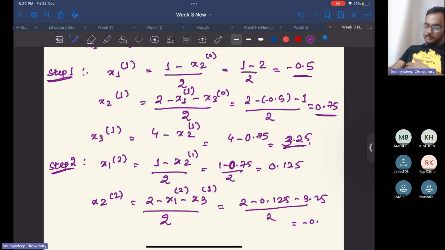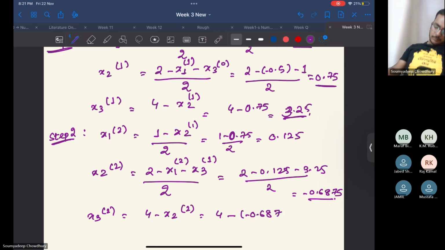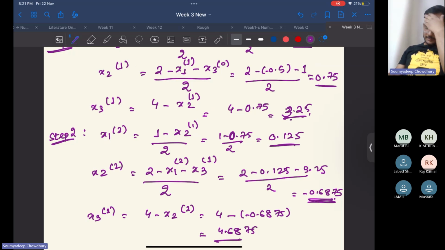We'll get minus 0.6875. Similarly, for x3 of 2, we will use x2 of 2, right? Again, at every step you have to find the deviation. That is, x3 of 2 is 4.6875 and x3 of 1 is 3.25, so the difference is there.